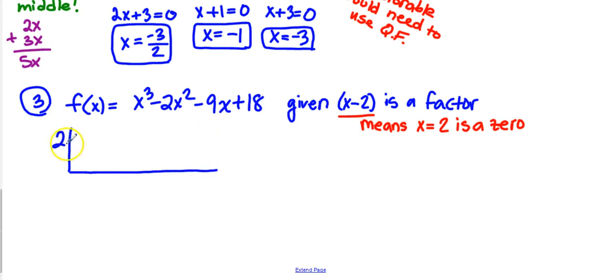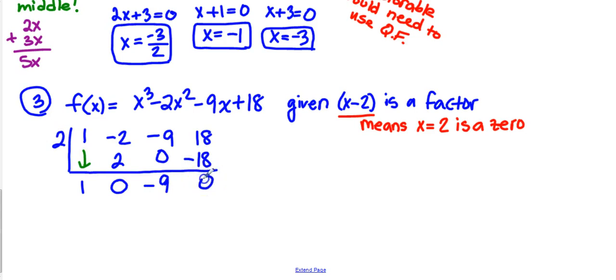So writing down the coefficients. 1, negative 2, negative 9, 18. I drop the 1. 2 times 1 is 2. Add straight down, 0. 2 times 0 is 0. Add straight down, negative 9. 2 times negative 9, negative 18, add straight down, 0.